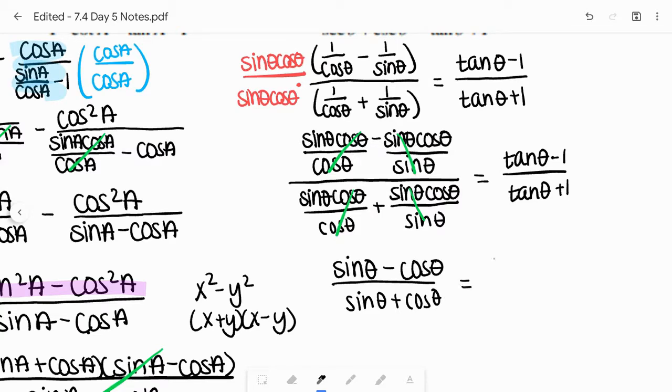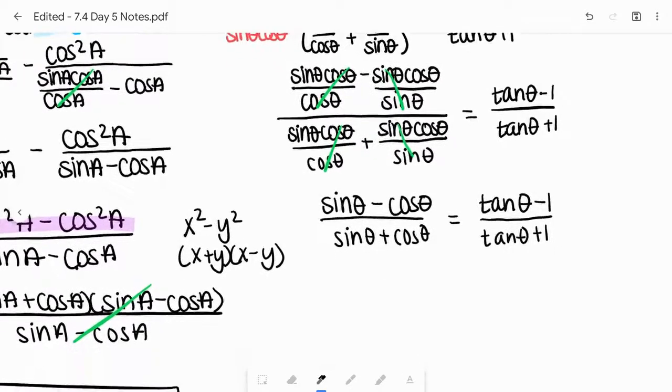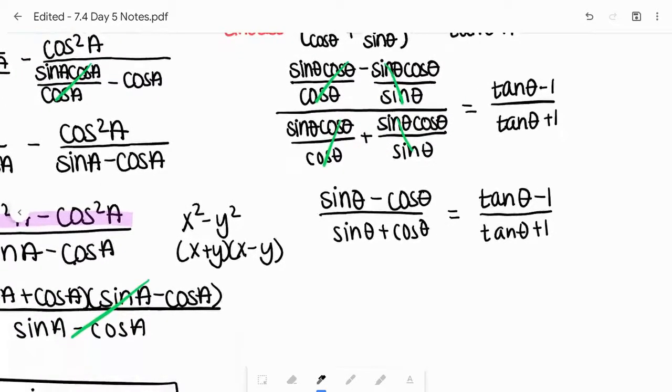And that is equal to tangent of theta minus 1 over tangent of theta plus 1. Okay, so we're still not done. I'm getting close, but I need to somehow get that minus 1 and plus 1.